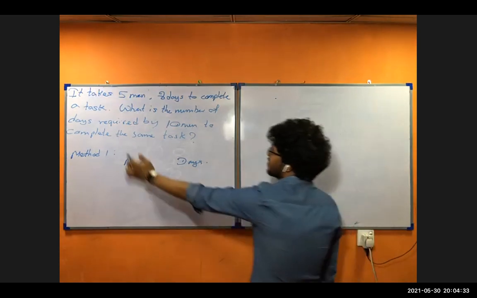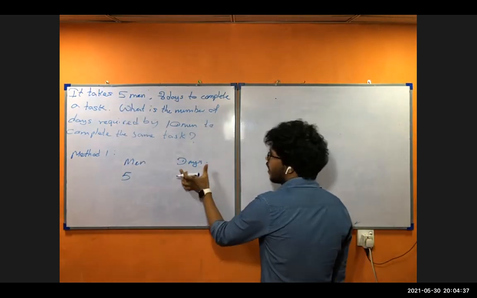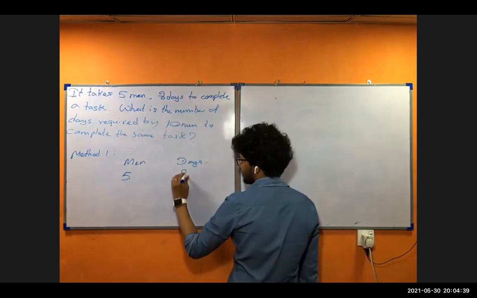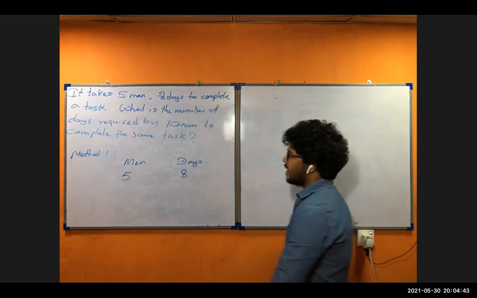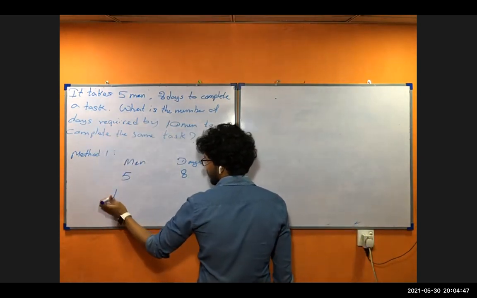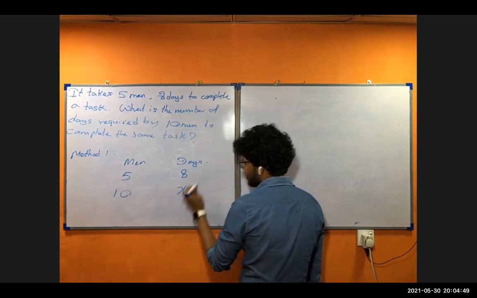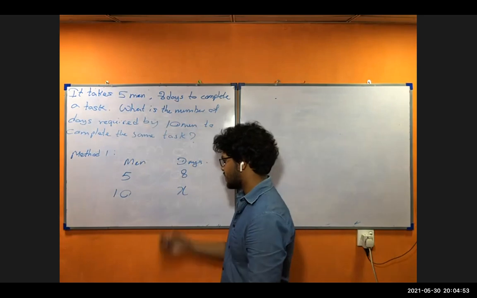Initial case, 5 men needed 8 days. In the second scenario, 10 men need how many days? I don't know, so I will put X here. So 10 men, X days.